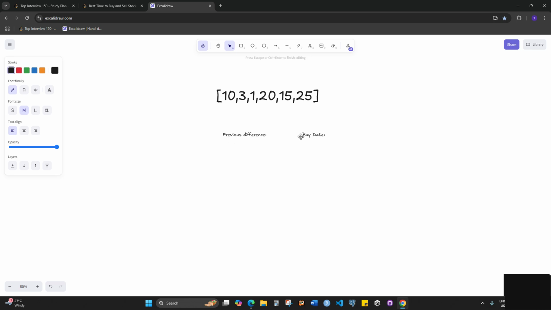So the previous difference is going to be 0 for now, and the buy date is going to be the 10.